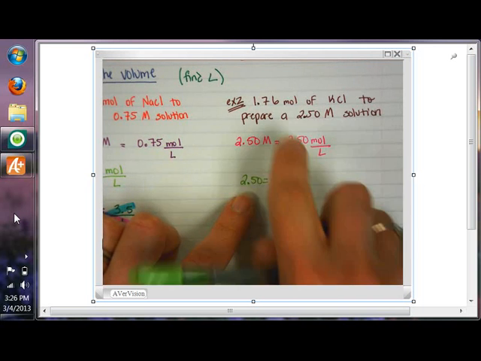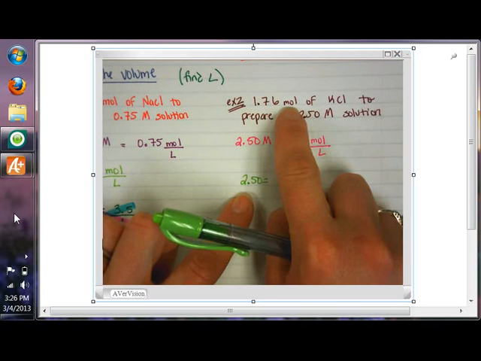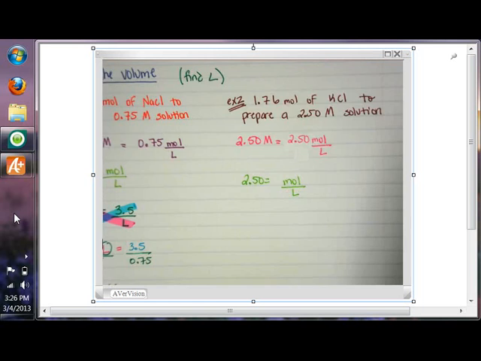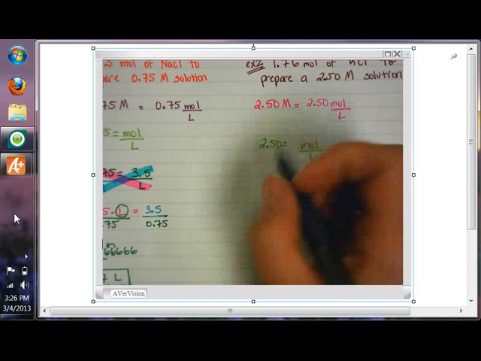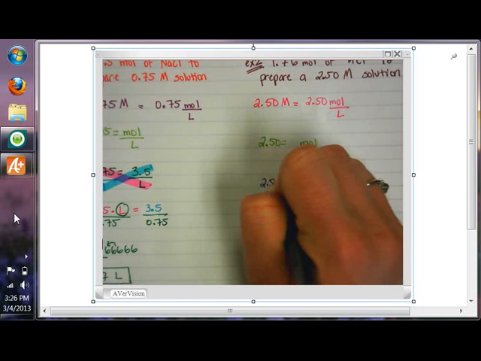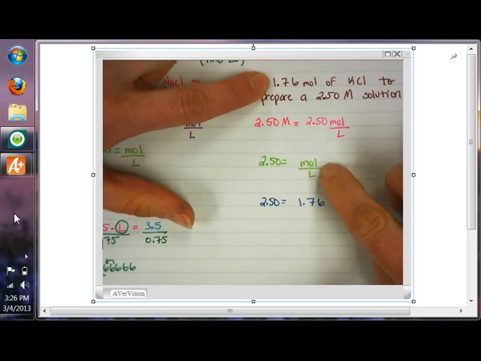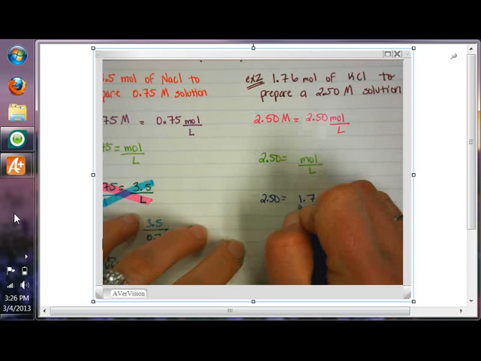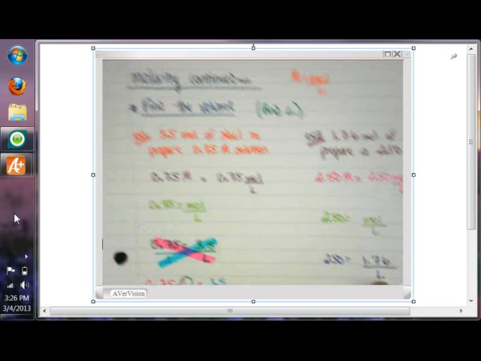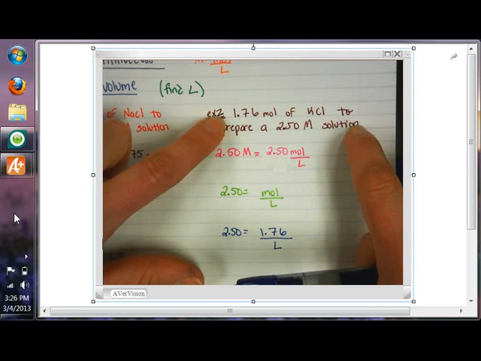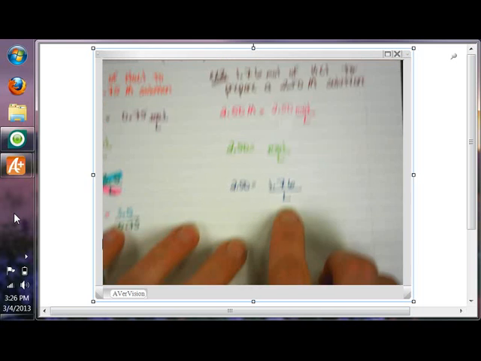And now that we've got this little equation we've made for ourselves, we know that moles is 1.76, so we can go ahead and plug in 1.76 into this moles. It's just a simple proportion. So 2.50 equals 1.76. We know moles go on top, all over liters. And it wanted us to find the volume.